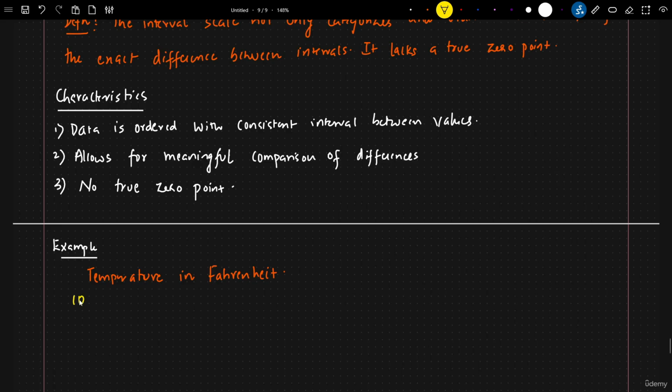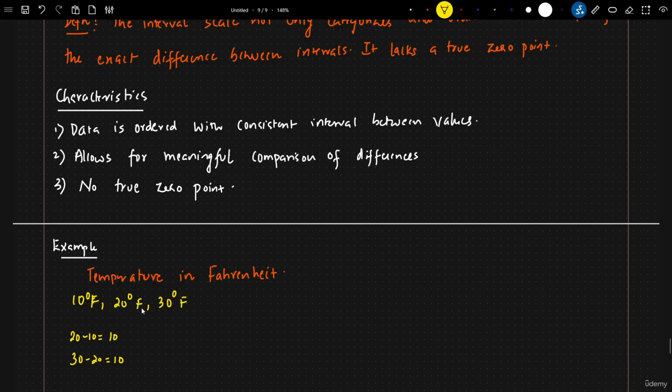Some of the values may be like 10 degree Fahrenheit, 20 degree Fahrenheit, 30 degree Fahrenheit. When I have this kind of data, I can obviously calculate the difference. I can say, hey, 20 minus 10 is equal to 10, 30 minus 20 is equal to 10. I can basically go ahead and calculate it.